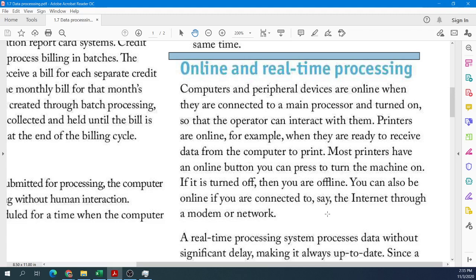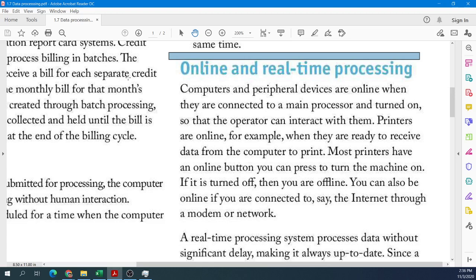Seems Sahid is not there. Ryan, can you read for us? Sir, where? Online and real-time processing. Okay. Online and real-time processing.